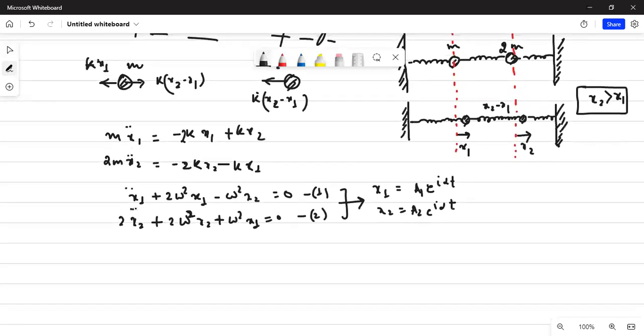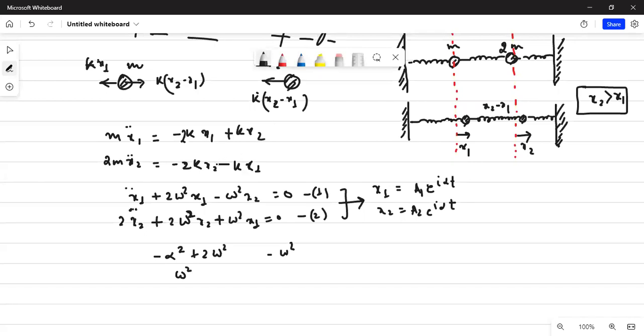and if I replace these solutions in these two differential equations, I will obtain minus alpha square plus 2 omega square, and then I will obtain minus omega square here, and I will obtain again some omega square here. I feel there is a sign problem somewhere.